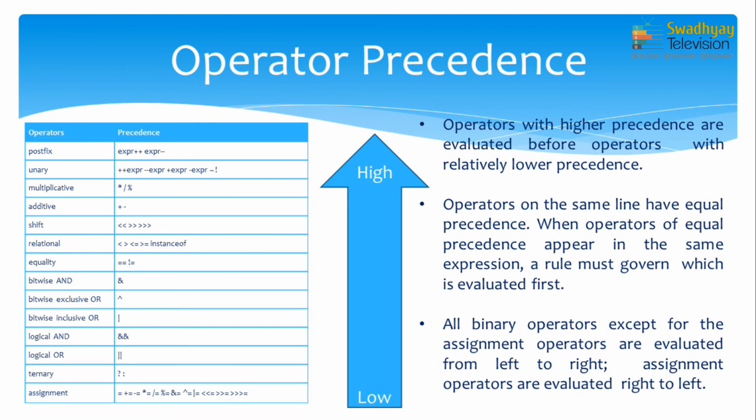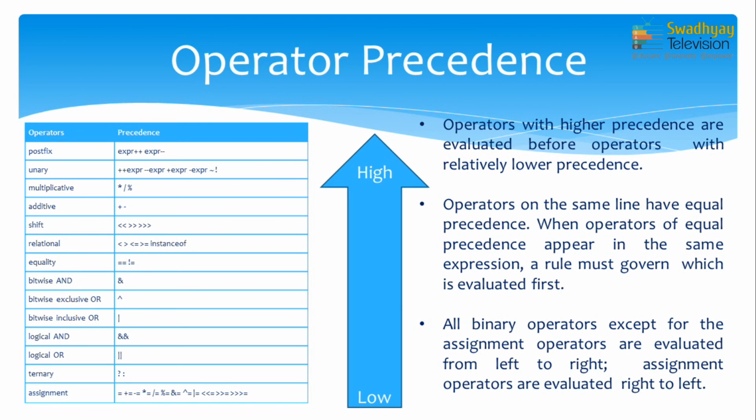On screen you can see the operators on top have higher precedence, that means postfix operators have higher precedence than unary, and unary operators have higher precedence than multiplicative, and multiplicative operators have higher precedence than additive, and likewise as you go from top to bottom we have lower precedence.